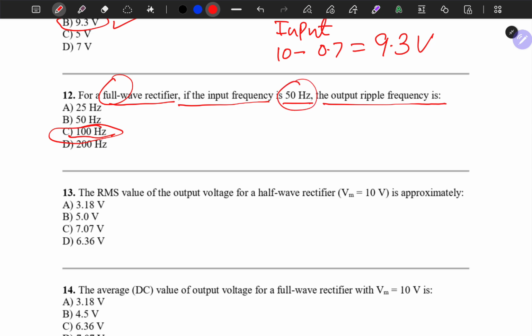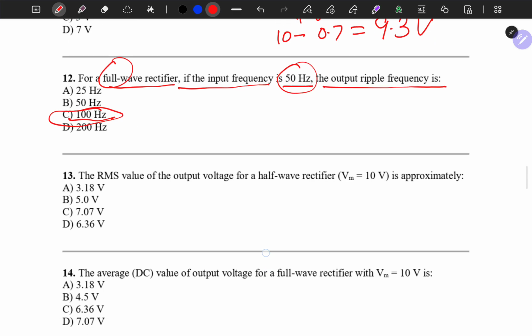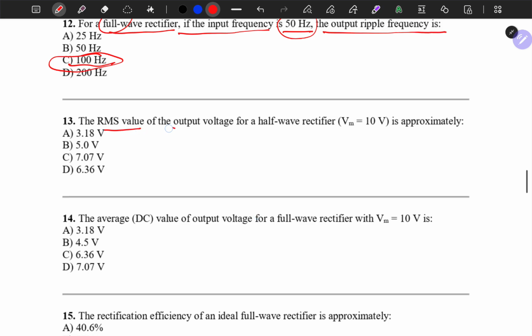For the RMS value of the output voltage for a half wave rectifier, Vm is equal to 10 volt. RMS value is a concept which you have learned in the AC circuits chapter 15, and Vrms is equal to 0.707 multiplied by Vm.